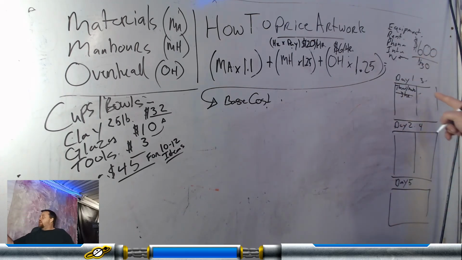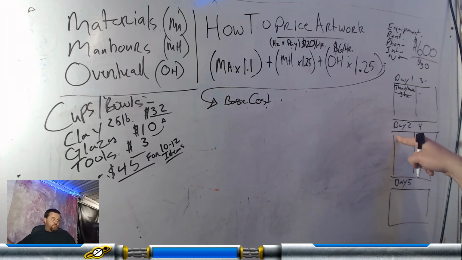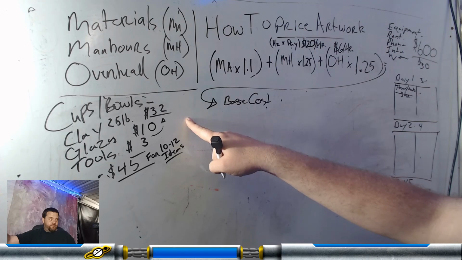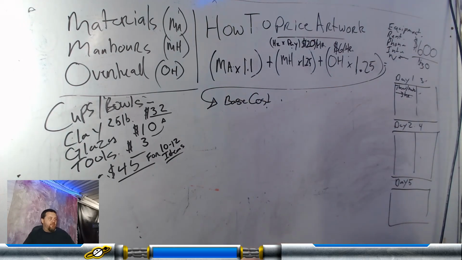Now, on day 2, for every hour for this bag of clay, I'm probably going to have around 45 minutes' worth of trimming. And that includes setup time, making sure everything's all correct, trim it all out, do my stuff.